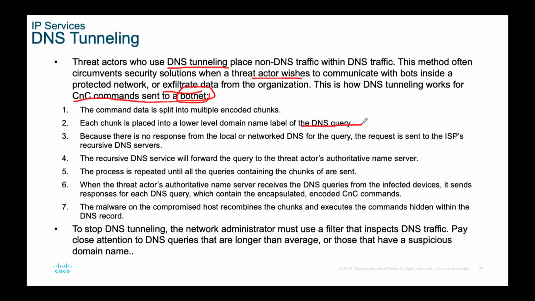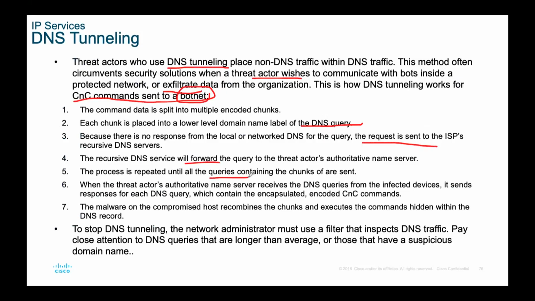Third, because there is no response from the local or network DNS for the query, what happens? The request is sent to the ISP recursive DNS server. Next, the recursive DNS server forwards the query to the threat actor's authoritative name server. The process is repeated until all the queries containing the chunks are sent.